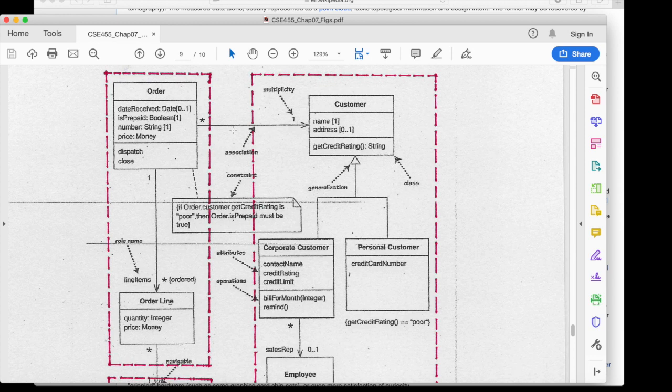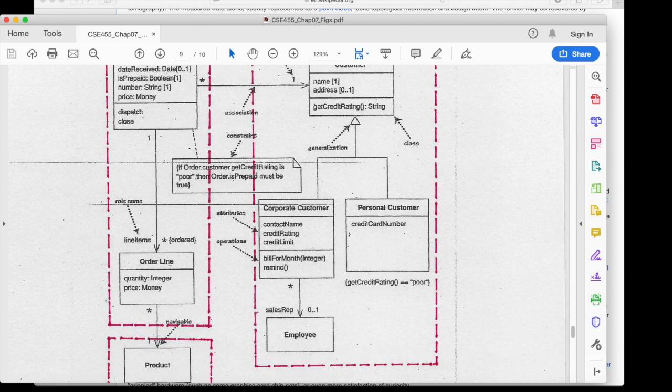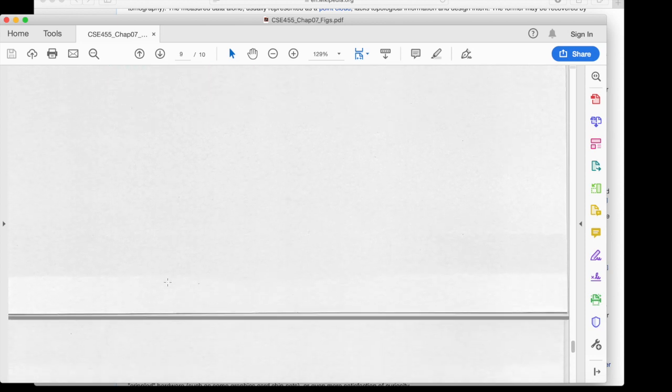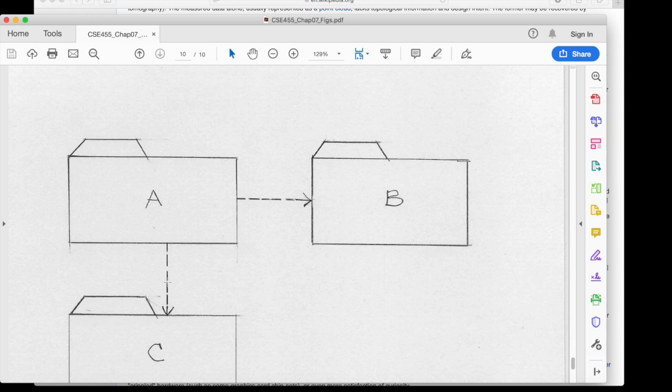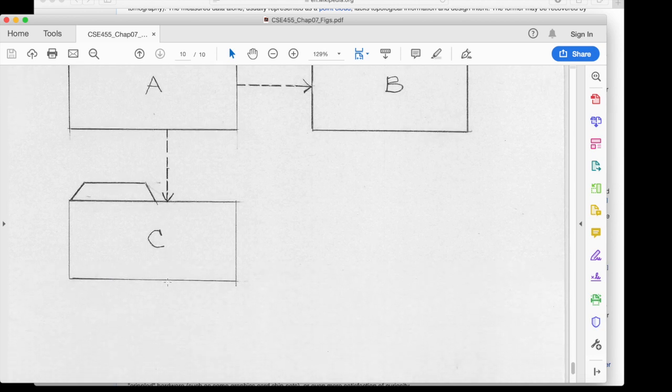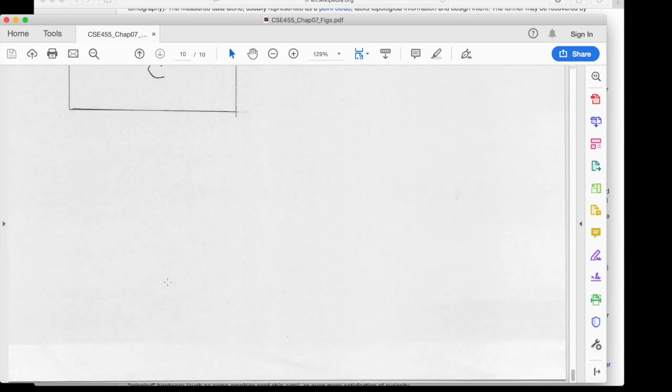See that? Okay, over here. And then from order line, there is an association from order line to product. And so that's where those arrows come from.